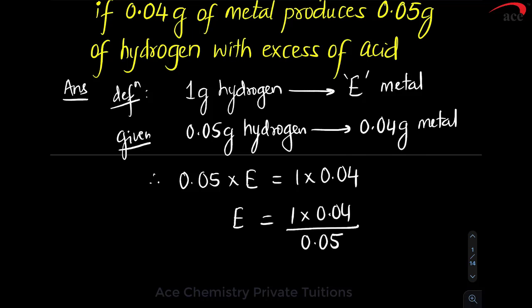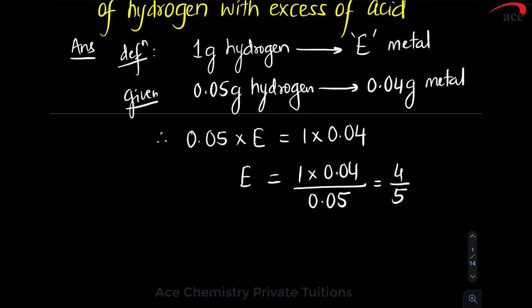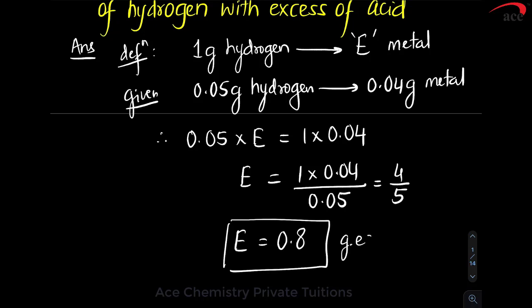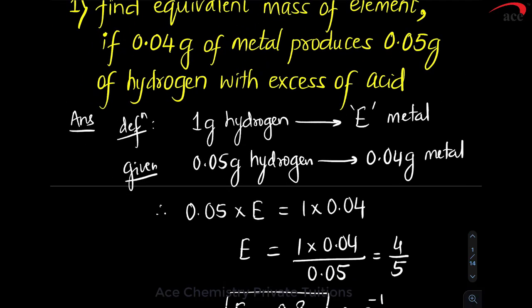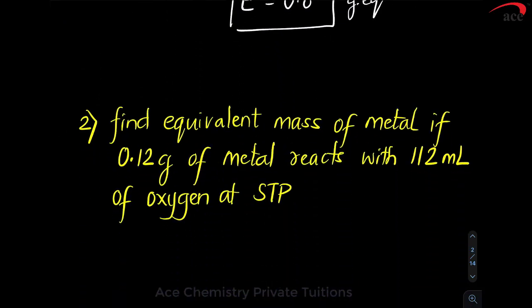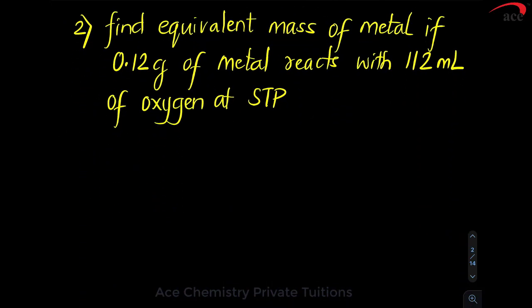So, E value will be 1 multiplied by 0.04 divided by 0.05, which gives 4 by 5. So, equivalent mass will be 0.8. If you want to write units, you can write gram per equivalent. This is how you will calculate the value in this case.